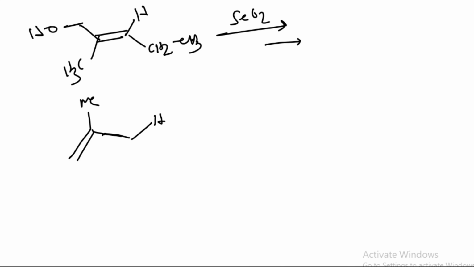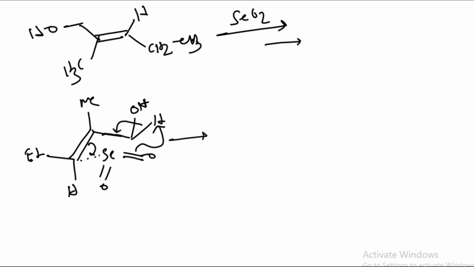There is a methyl, there will be the ethyl group, there is hydrogen, there is selenium, there is hydrogen, and the OH group which is here, I am placing that at the equatorial position. So what happens, this picks up this proton, that goes here, and this goes here. So you will get this type of product, just like the previous, nothing much, but one step more, a similar reaction.